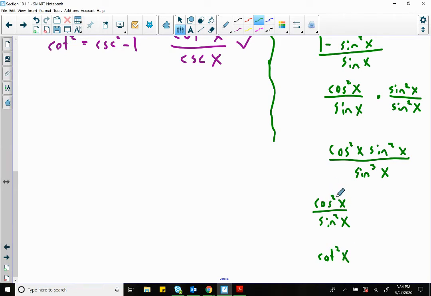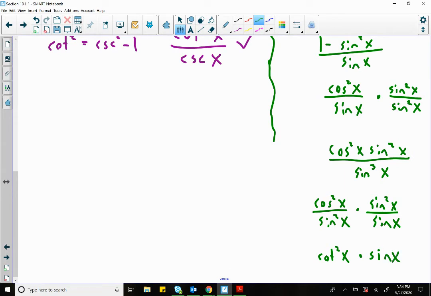So I've used all the cosines, and I've used two of these. So that means the second fraction is sine squared x over sine x. When all is said and done, that reduces down to sine x.